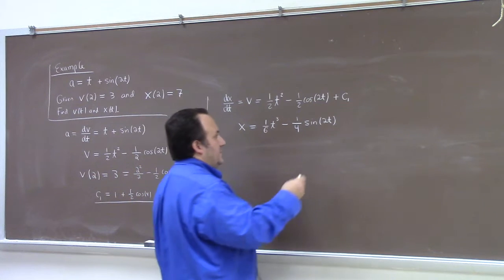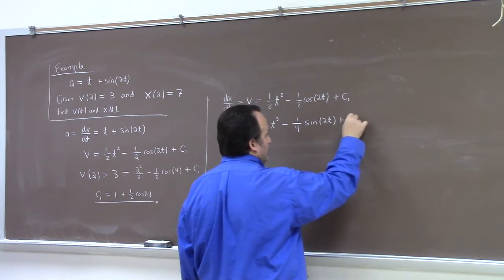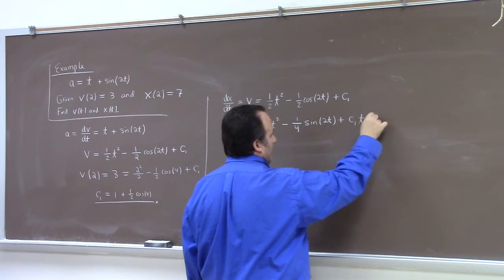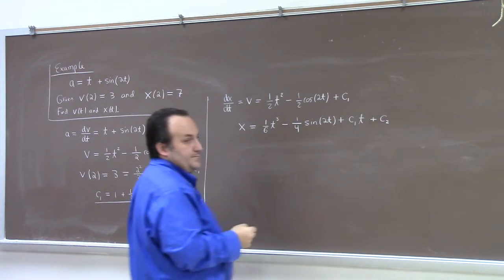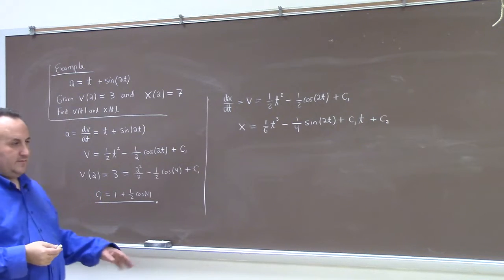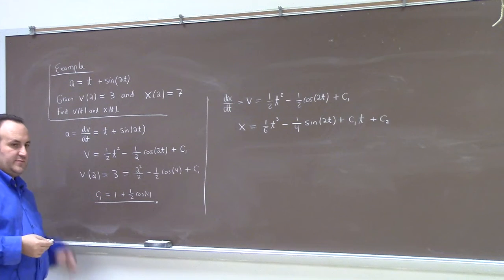And c1 integrates to c1 t, and then there's the constant c2 from this integration. Okay, c1 we already know. c1 is this number over here. It's 1 plus 1/2 cosine 4.